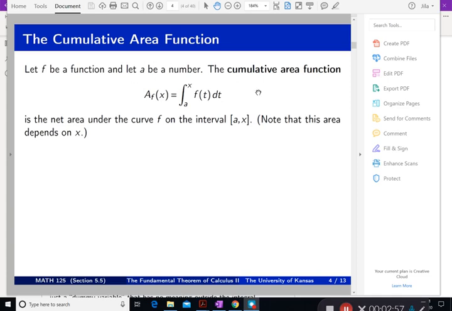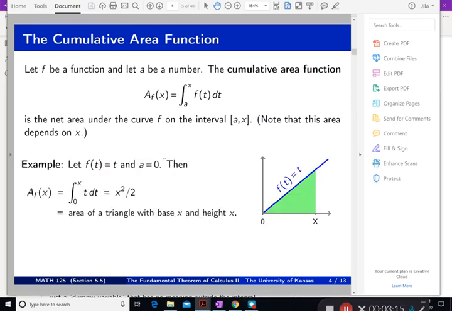So this cumulative area function, A sub f of x equal to the integral from a to x of f of t dt, is the net area under the curve f on the interval a to x. Note that this area depends on x. Example: let f of t be t and a be 0, then A sub f of x is equal to the integral from 0 to x of t dt, and that's x squared divided by 2.